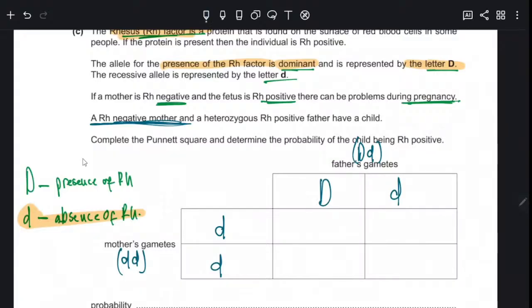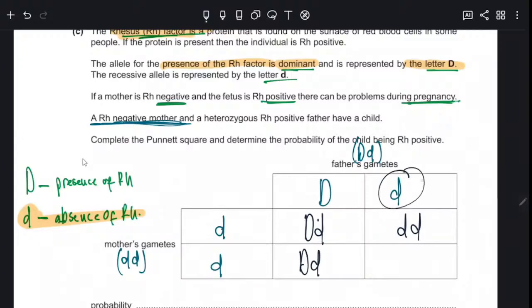Okay, so let's see. If these two meet, it's going to be uppercase D, lowercase d. For here, it will be lowercase d and lowercase d. If uppercase D from the dad, this gamete from the dad, meets this egg from the mom, then what will the child have? The child will have upper D from dad and lower d from the mom.